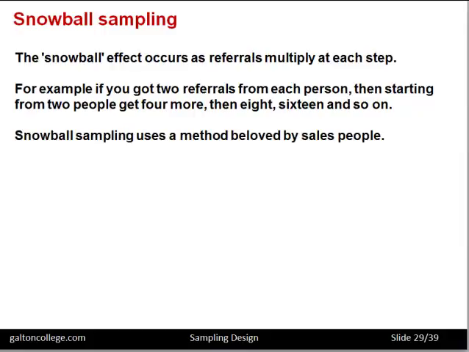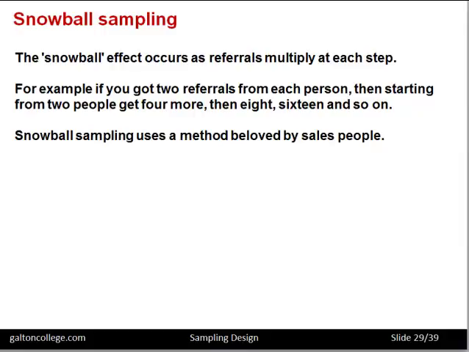It's often used by salespeople. They particularly like it because if they make a sale, it means the person buying the product likes the product. Now, if they can get 2 referrals or X referrals from that consumer, then the chances are that consumer will talk to his or her friends and say, I bought one, I'm very happy with it.